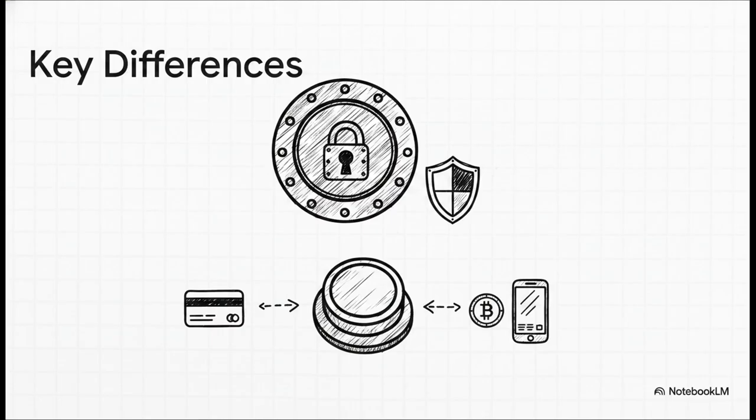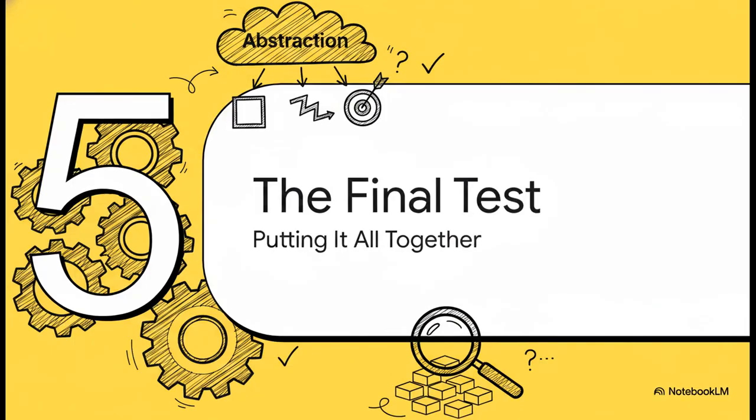You create a standard pay method interface, so the checkout button just clicks pay without caring how the specific bank routes the money. That is abstraction, simplifying the complexity. So the absolutely crucial point to remember for your exam is that they work perfectly together, but they are absolutely not the same thing. And that brings us to Section 5, the final test, putting it all together.